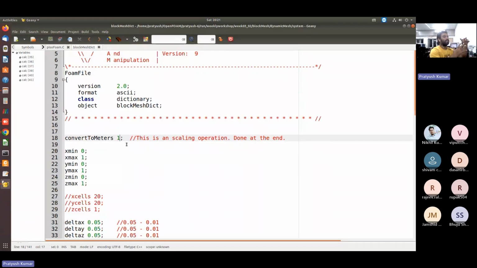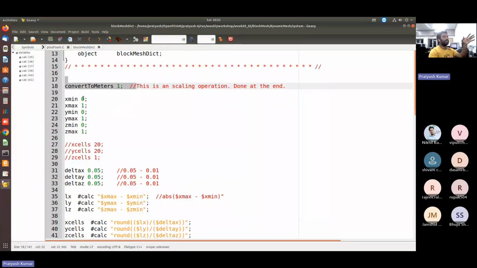Suppose first you did a project at scale 1, and now you want to do a project at scale 1 by 2, meaning every dimension is half of that model. In that scenario you can just write 0.5. This way you can scale down or scale up the given dimensions or meshing in this blockMeshDict dictionary.